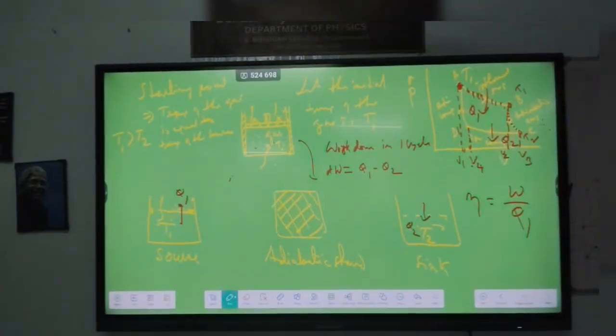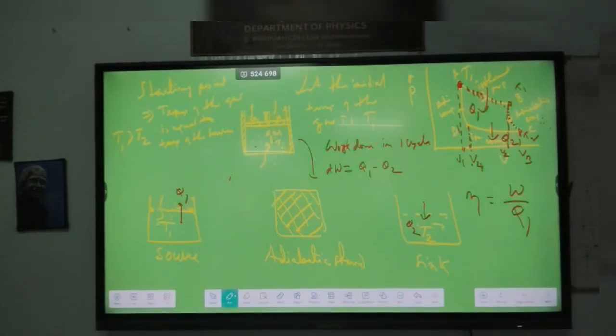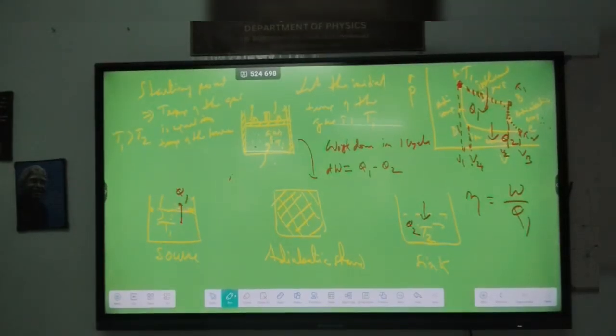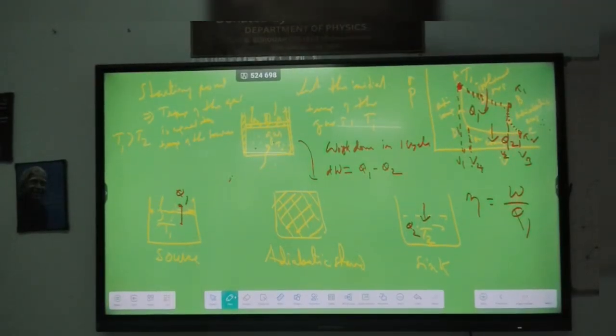Q1 amount of heat is taken in one cycle. How much work is done? W. So if Carnot can show that eta is equal to 1, that means Q1 amount of heat will give W amount of work, and Q1 is equal to W, then very nice, it will have 100% efficiency.